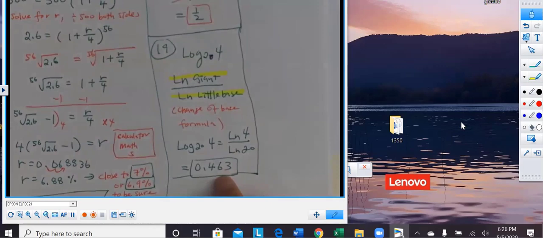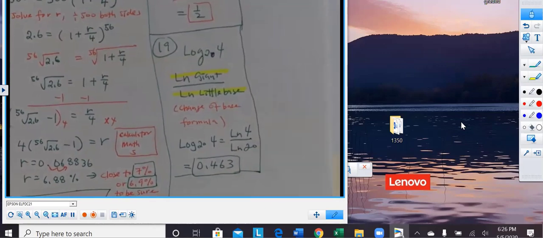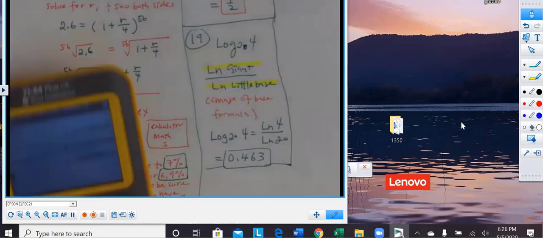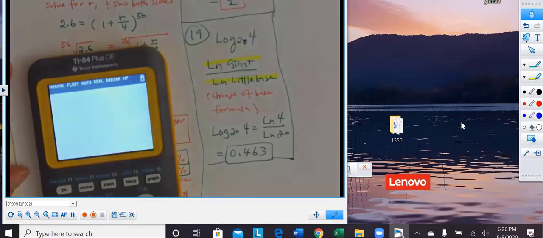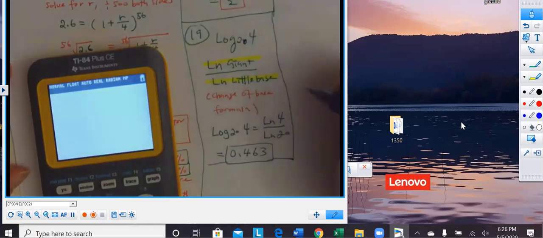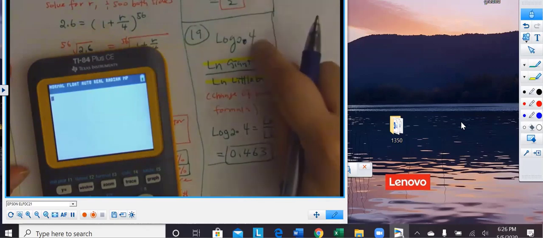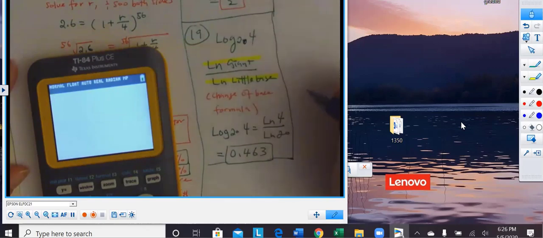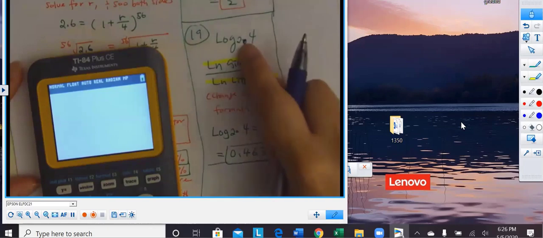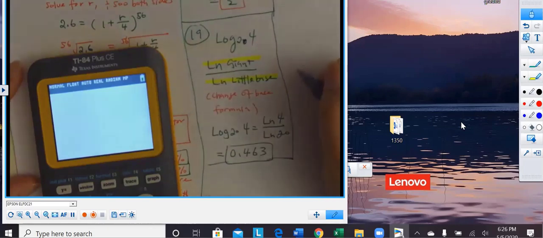So that's not for the actual value of the number, it's just the format of the number, is that right? What do you mean by that? So for number 19, it says log 24. Let's not use the same number, so say this is an extra number.